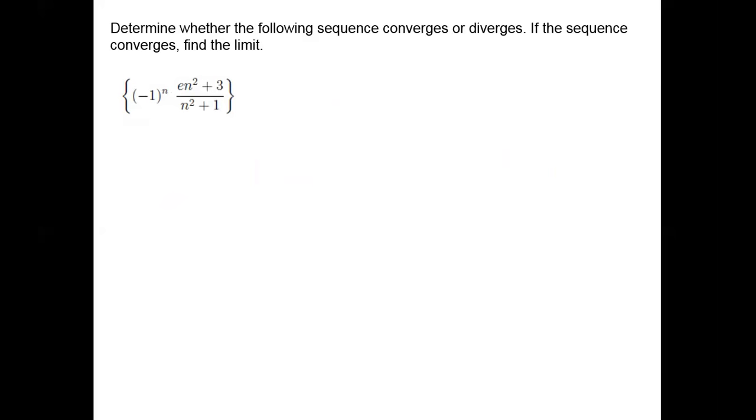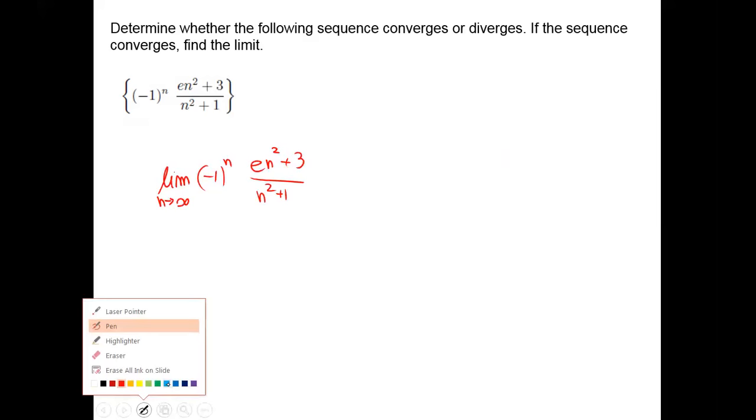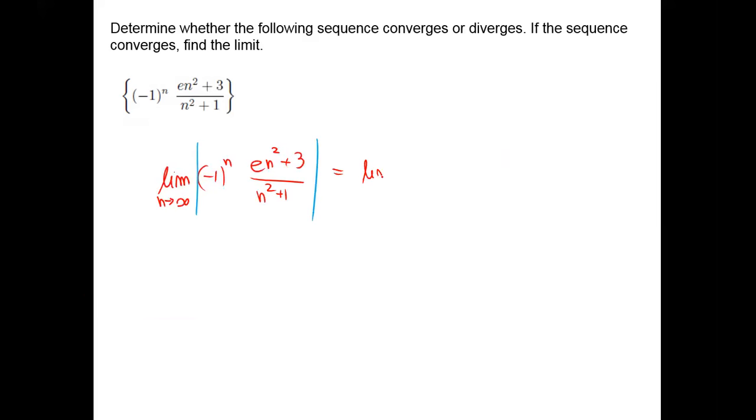Okay, the same situation. Take the absolute value of this sequence: negative 1 to the n, times e times n squared plus 3 over n squared plus 1. Taking the absolute value, we lose the alternating part. However, the limit is not 0. We have e as the coefficient of n squared and just 1 times n squared, so the leading terms are n squared.